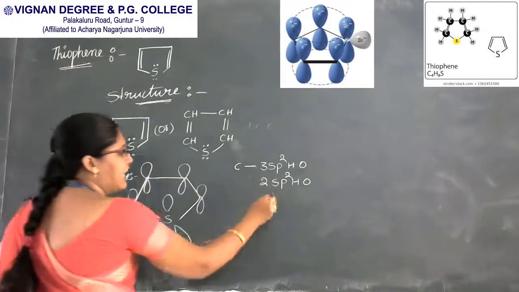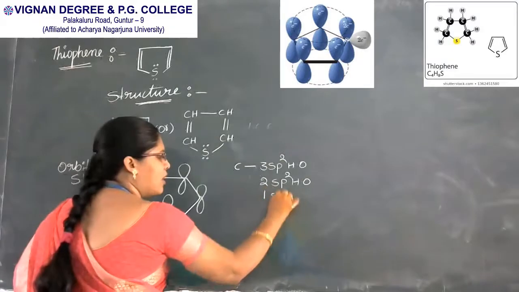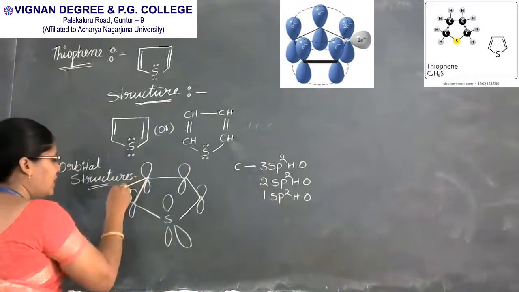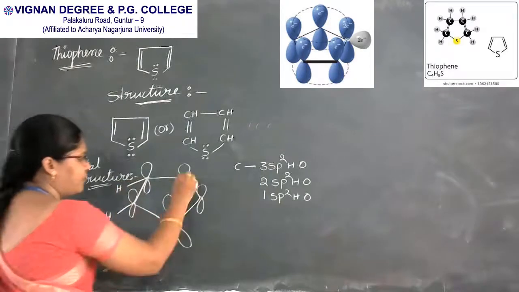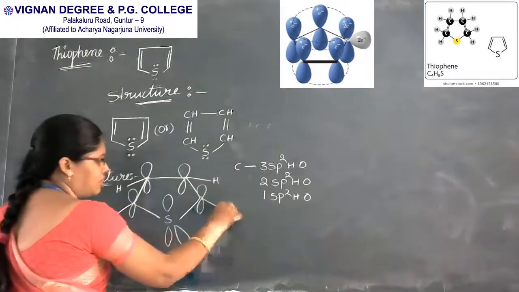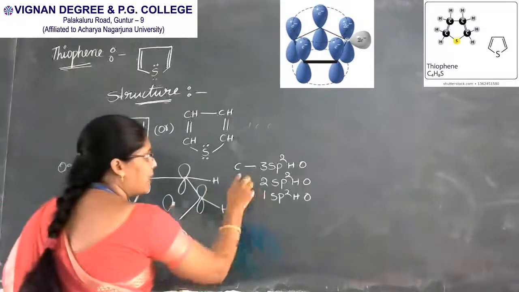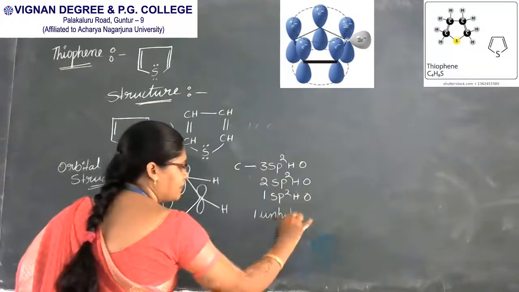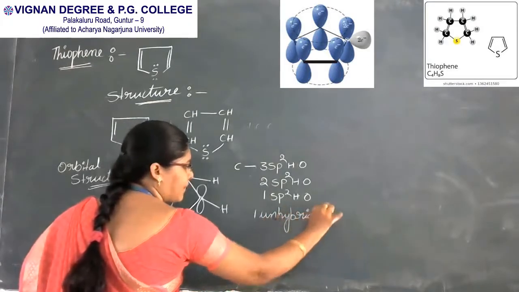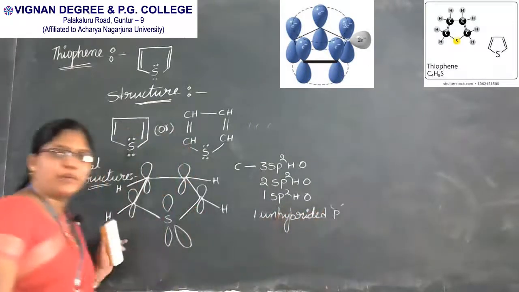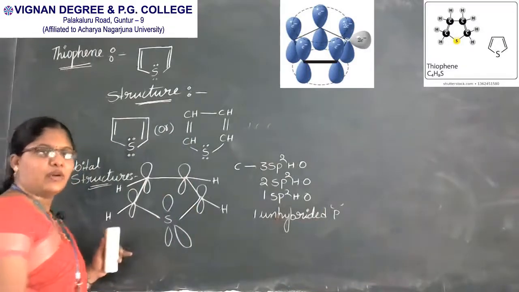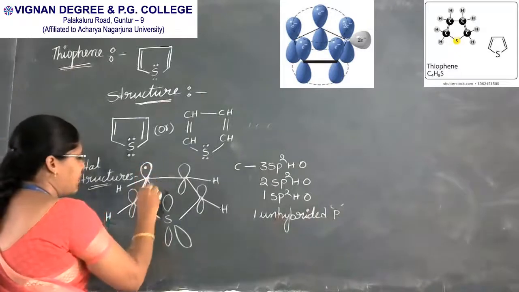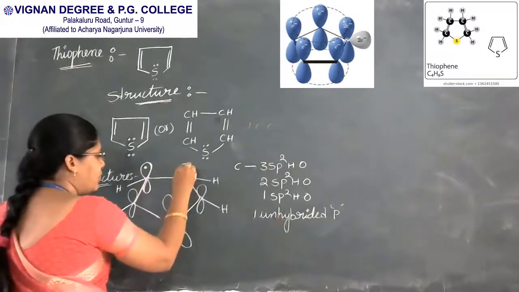Another sp2 hybrid orbital of the carbon atom forms a sigma bond with hydrogen. The carbon atom also contains one unhybridized p orbital, and this unhybridized p orbital contains a single electron.